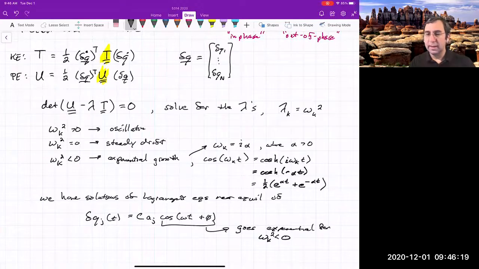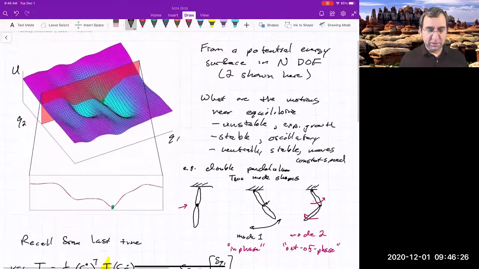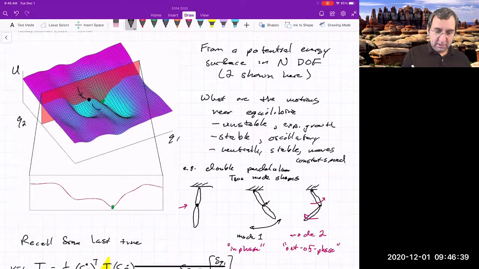What it physically means, looking back up at this potential energy surface, is that you would be at a saddle point. Maybe there's a saddle point there. If you're at a saddle point, there'll be a stable direction, but also an unstable direction.